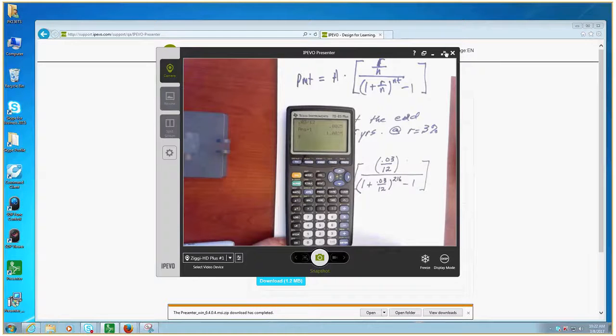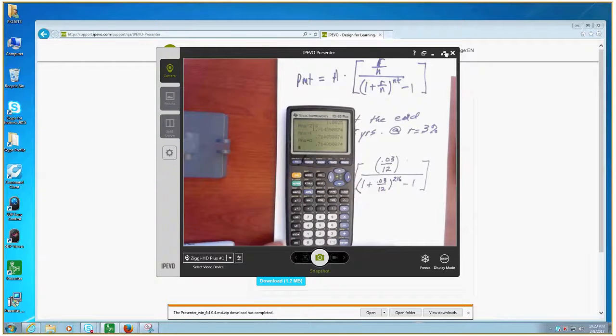And then raise that to the what? 216th power. Enter. And then minus what? 1. Minus 1. And now I'm going to STO. We buy bread. Alpha D, denominator.